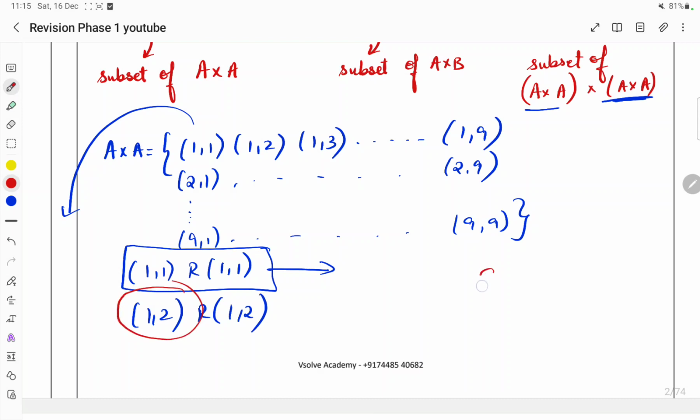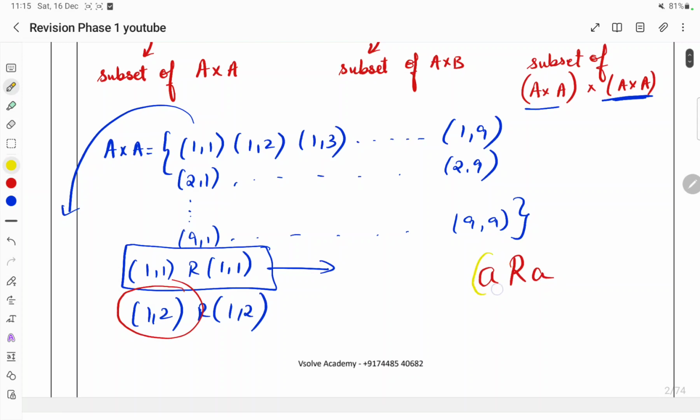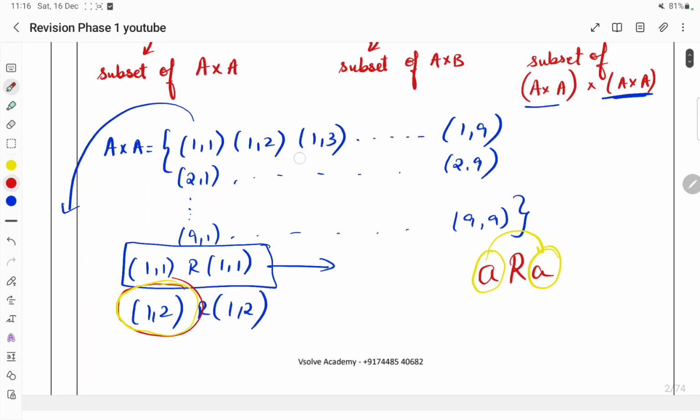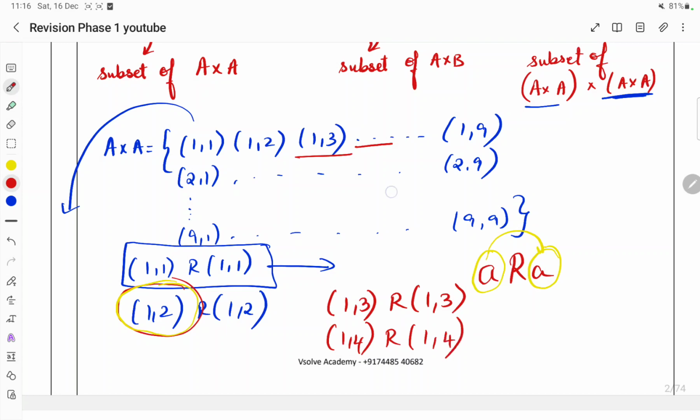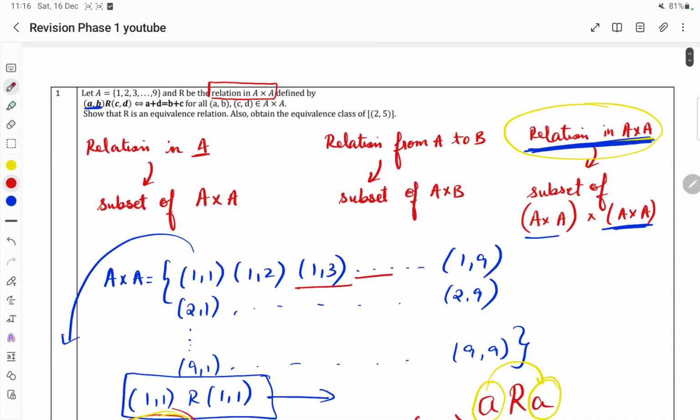Reflexive is nothing but A should be related with A. Whatever we have written should be related with itself. If I take the element (1, 3), then (1, 3) should be related with (1, 3). If I take (1, 4), then (1, 4) should be related with (1, 4). So this is the meaning of reflexive here.